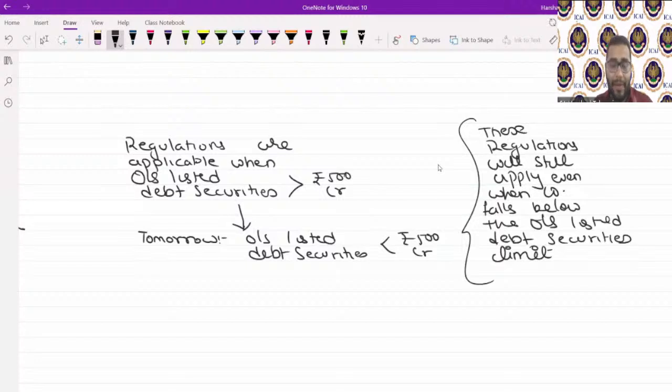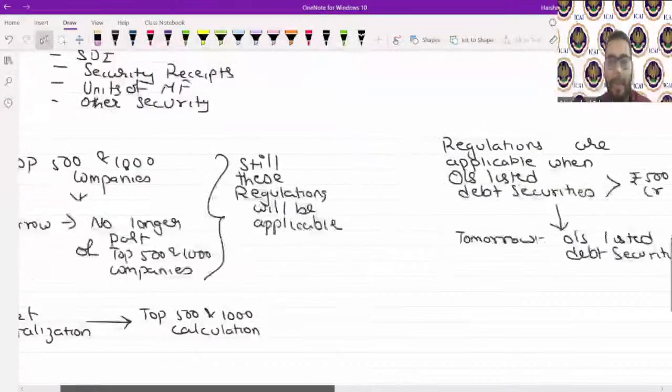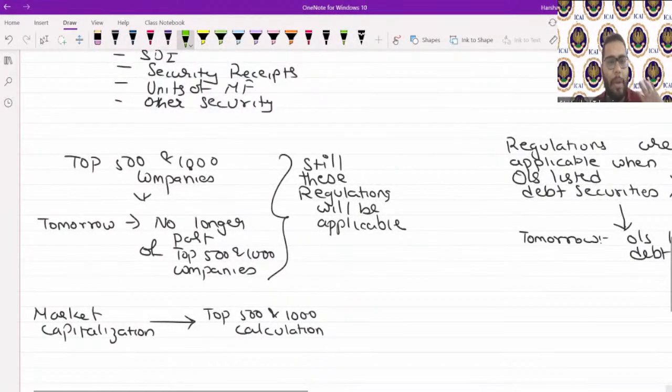Okay, this will apply even when the limit falls below 500. Once applicable, then it is applicable. Okay, so once the regulations related to corporate governance are applicable, then they will be applicable even though you are no longer part of that group.